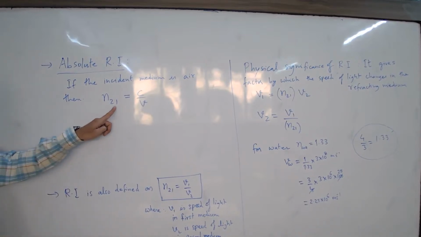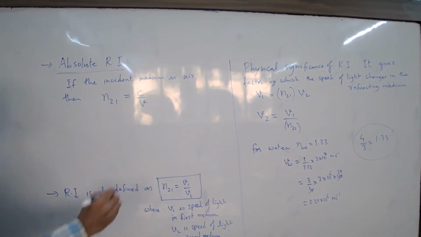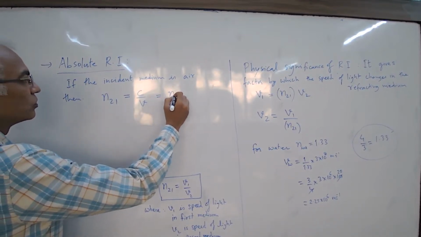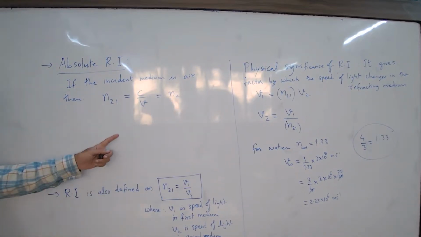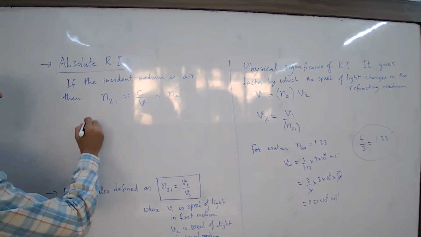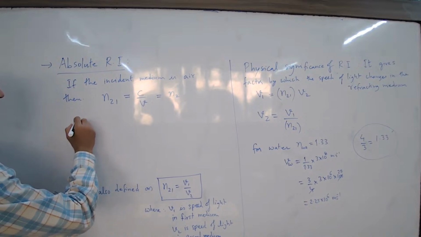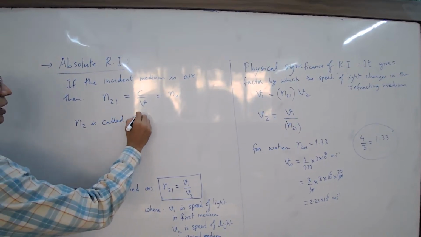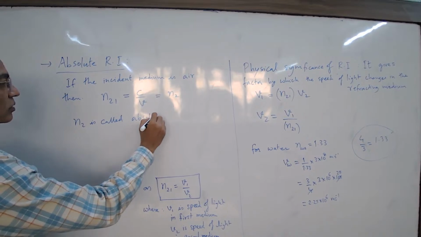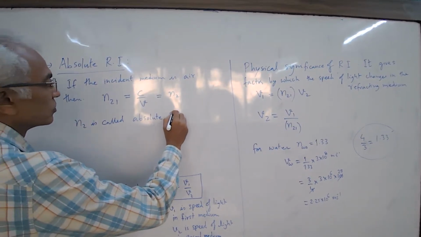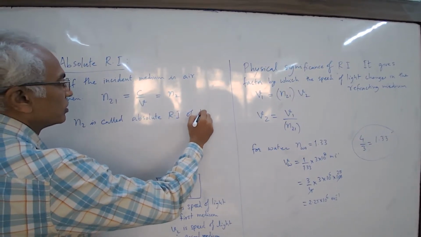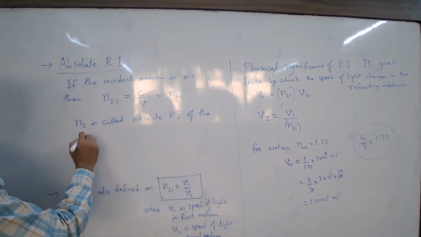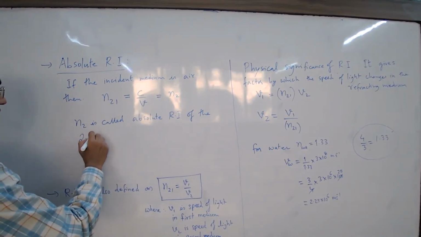In this case, we drop the first medium. It is written as N2. Okay? And N2 is called the absolute refractive index of the second medium.